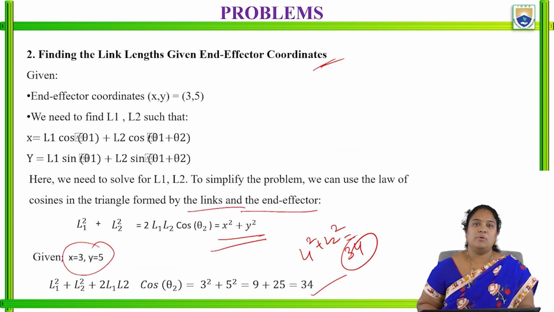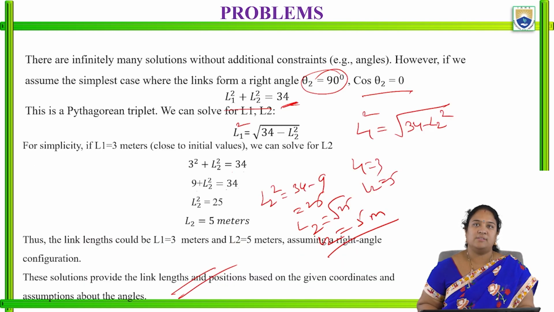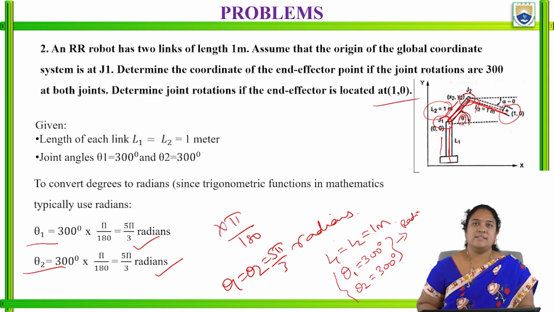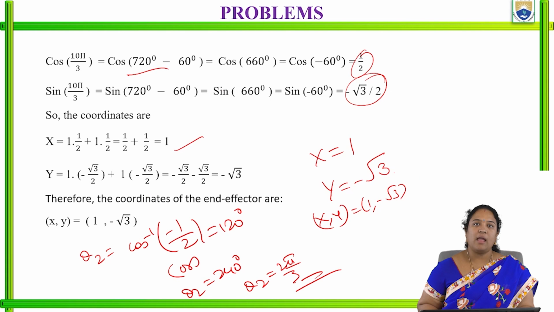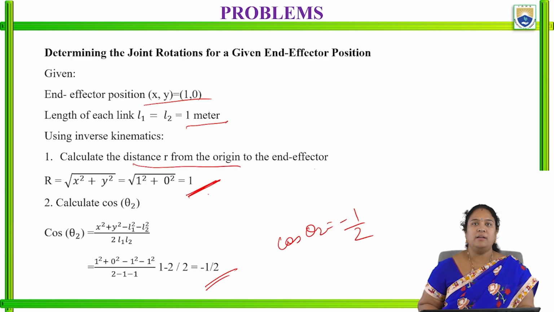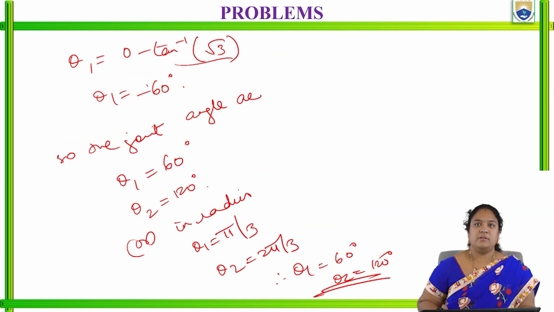In this problem, we calculated the angles theta 1 and theta 2 with respect to the end effector coordinates. So these are the problems related to robotic links, which are very important from your exam point of view. Right? So this is all for today.